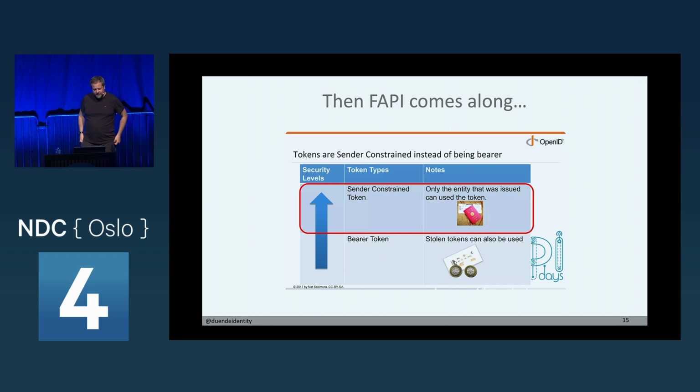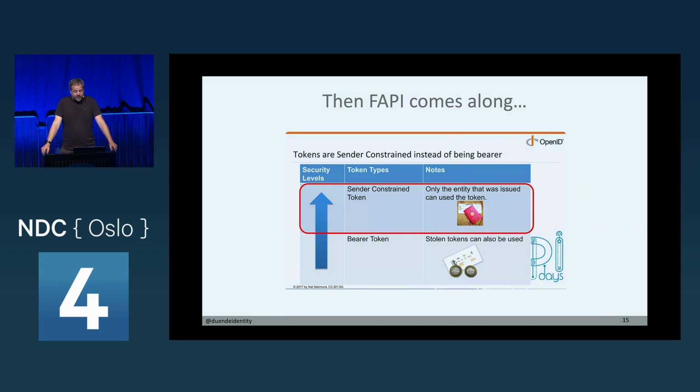Now, funny things happen. The industry jumps in. That was around 2017. The banking industry expressed a lot of interest in implementing OAuth for their APIs. There was PSD2, the Payment Service Directive 2, which is an EU initiative for electronic banking, which utilized OAuth.